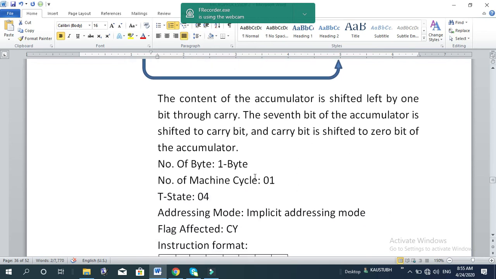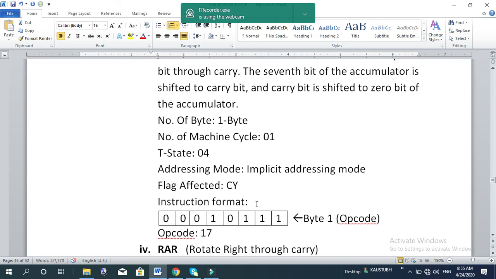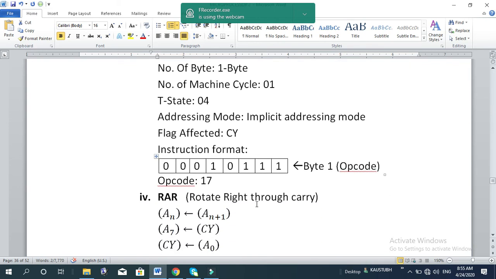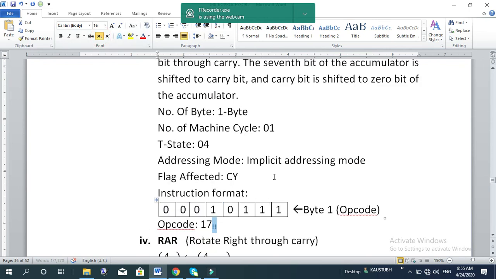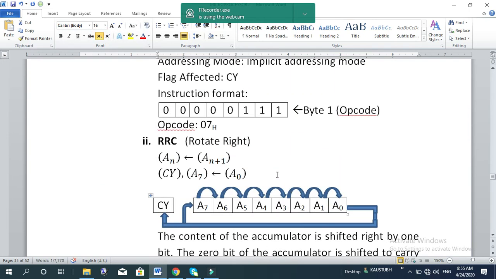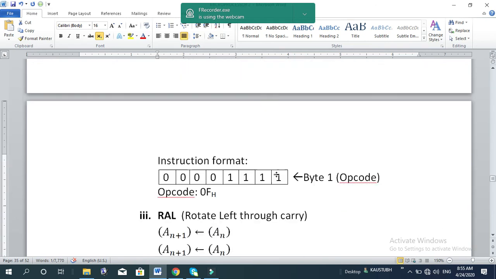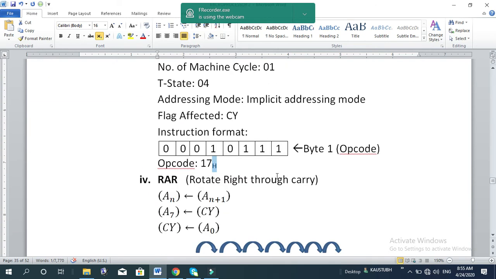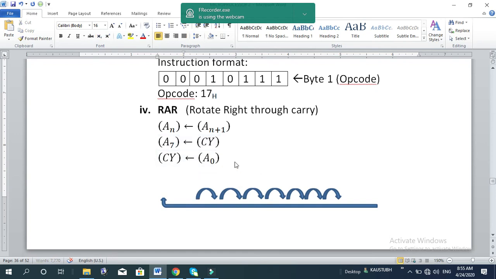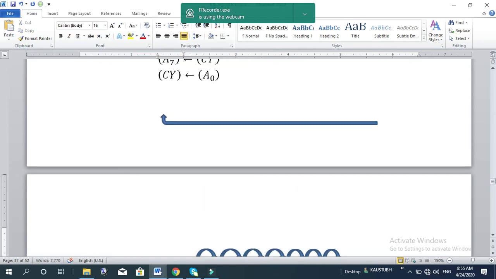Now these rotating instructions are useful if you would like to shift the content of the accumulator, for example converting binary to gray. The binary number will be stored into the accumulator, then you shift it.